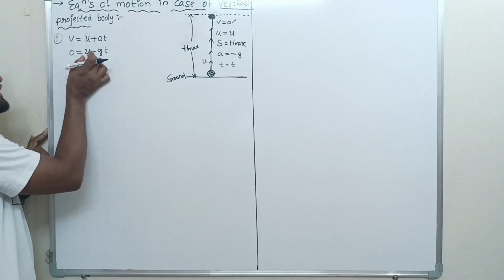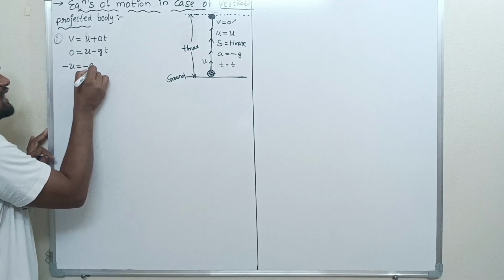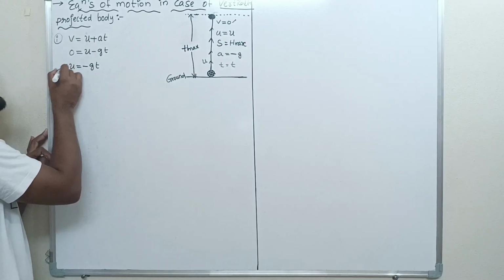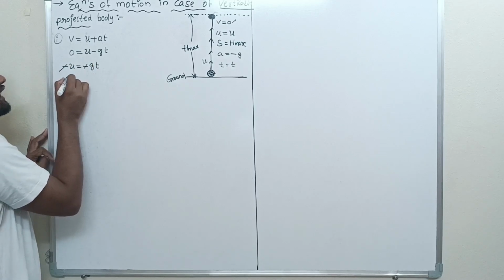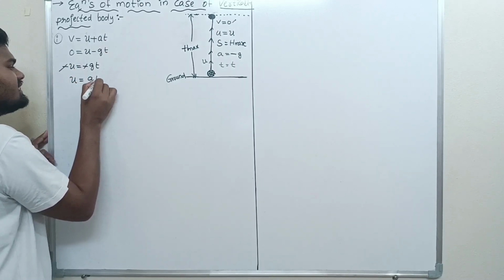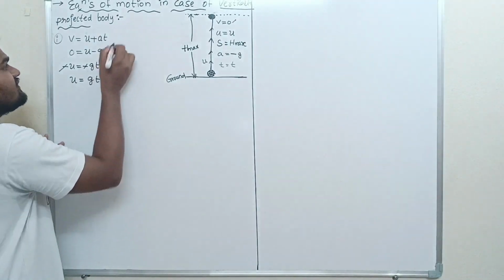I'm bringing this u to the other side and it becomes minus u = minus gt. The minus signs cancel out and we get u = gt.